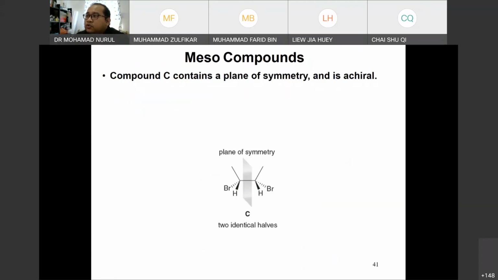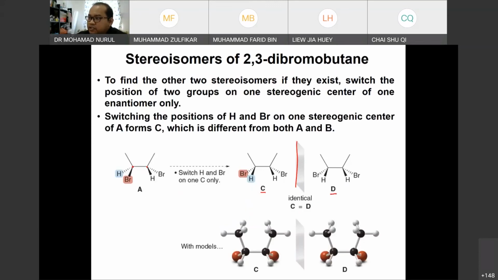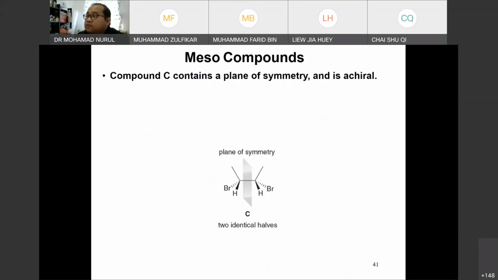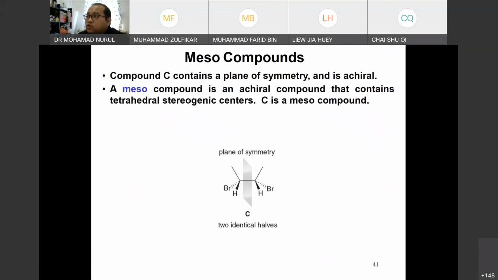So compound C contains a plane of symmetry. If you see C and D, a plane of symmetry means it is achiral. A meso compound is an achiral compound that can contain tetrahedral stereogenic centers. Meso compounds are achiral compounds that contain tetrahedral stereogenic centers.